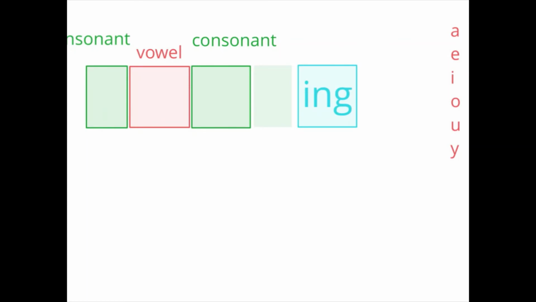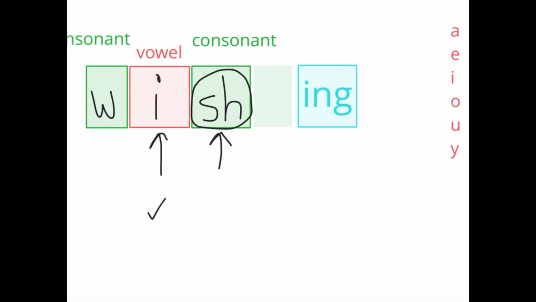Let's try another word. Let's try the word wish. Let's look in our vowel box. It's just one letter. Check. Let's look at our last consonant box. This is a digraph. SH is a digraph. A digraph is when two or more letters make one sound.